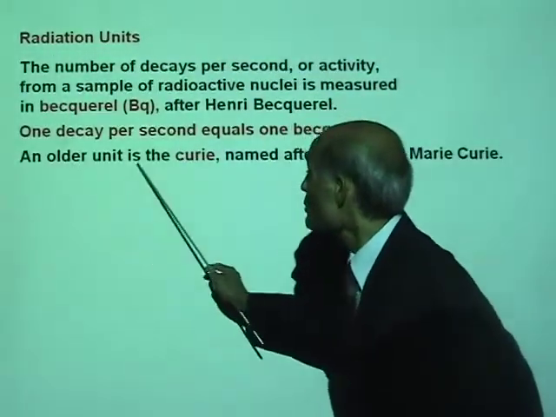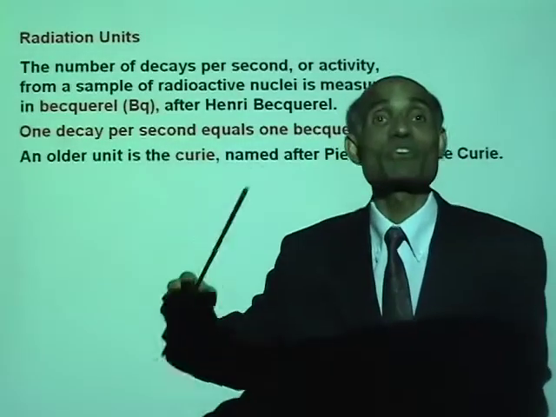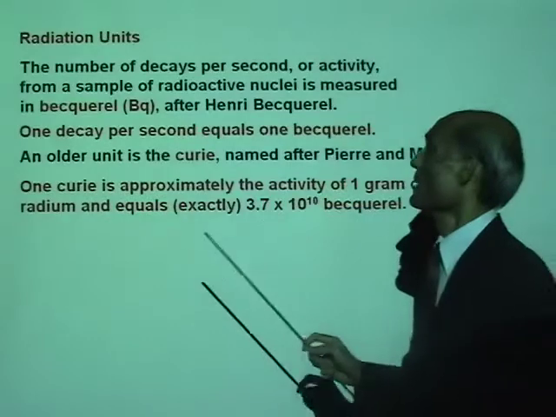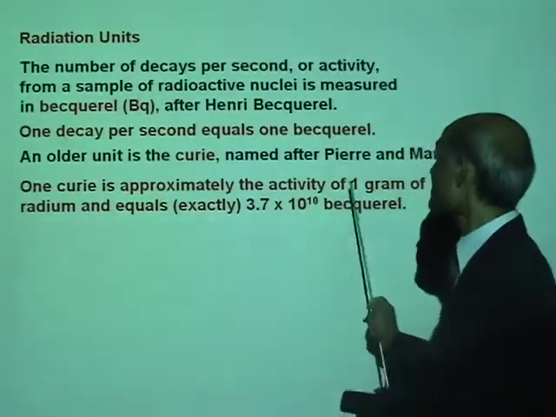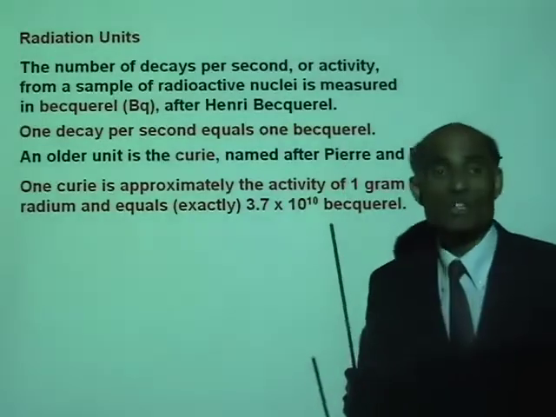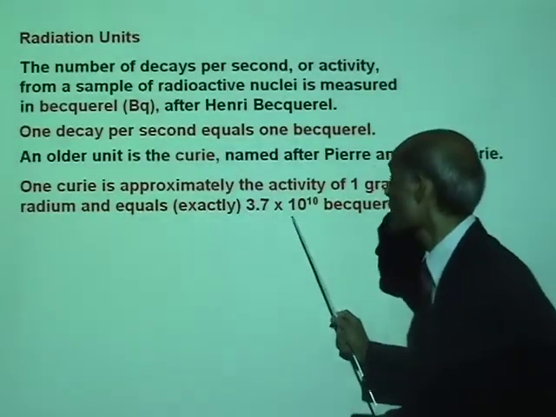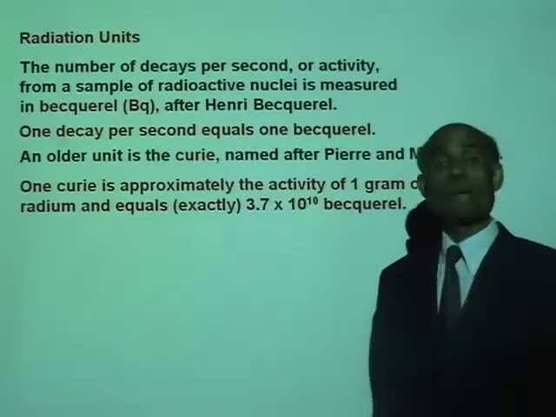Now, an older unit is called the curie, named after Pierre and Marie Curie. 1 curie is approximately the activity of 1 gram of radium, and that is equal to 3.7 times 10 to the power of 10 becquerel.